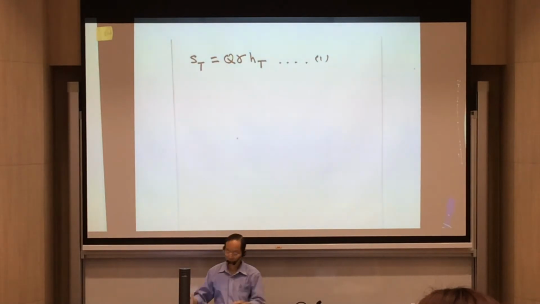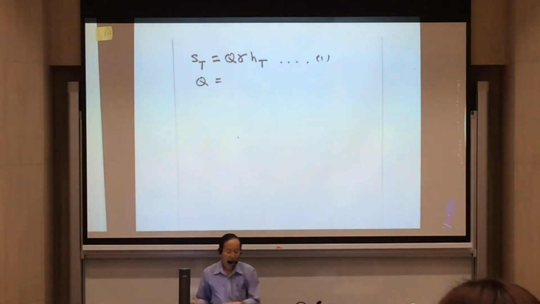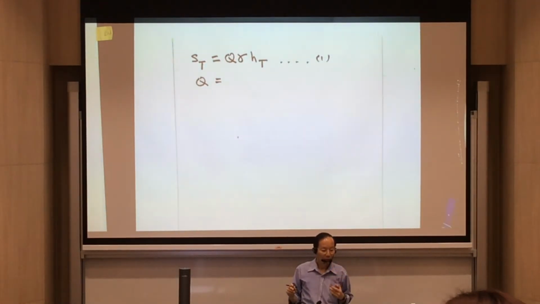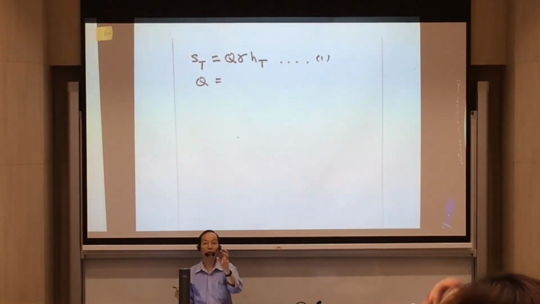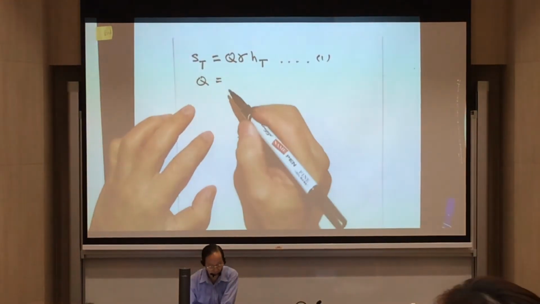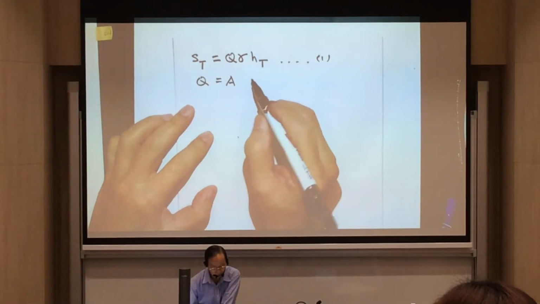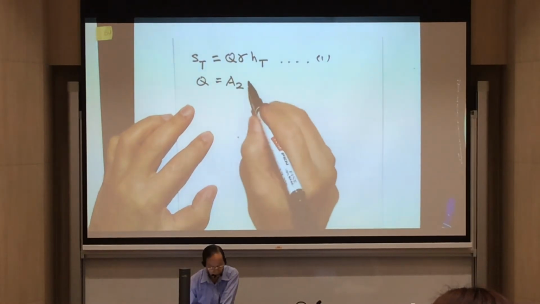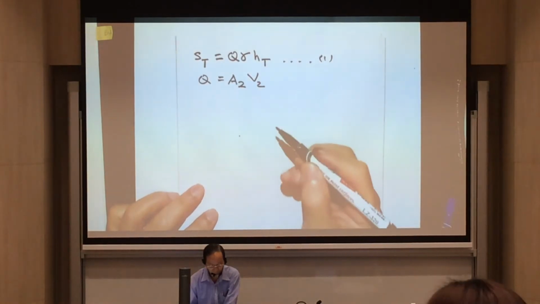So what's the flow rate Q? In this example, Q we know is area times velocity. So it is A times the velocity, where A is the area at point 2 times the velocity at point 2.